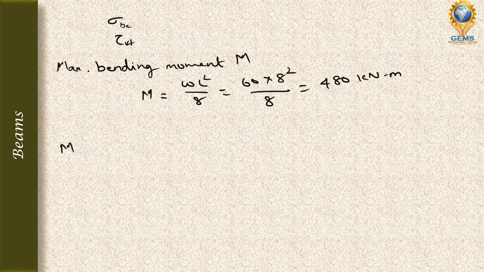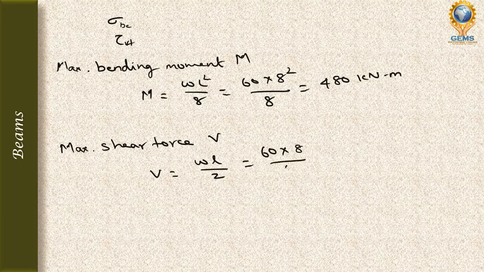Next, maximum shear force V. So V is equal to WL by 2. That is equal to 60 into 8 by 2, that is 240 kilonewton. So we found out the maximum bending moment and maximum shear force.